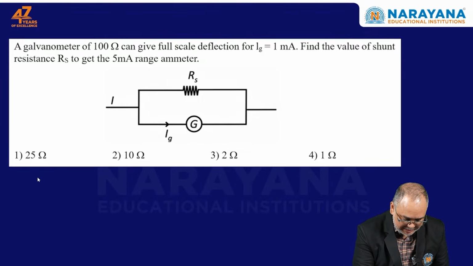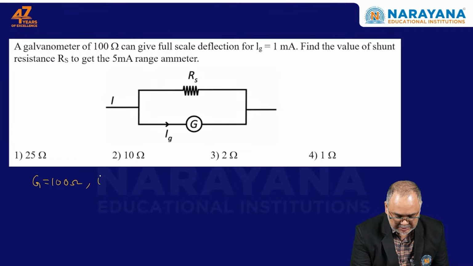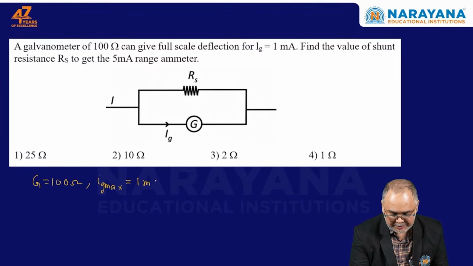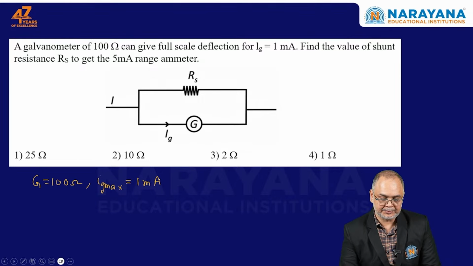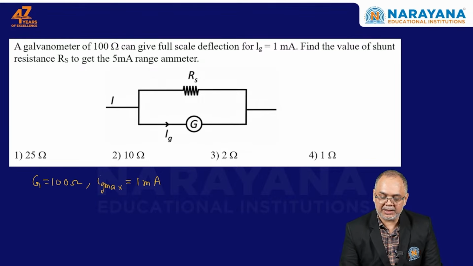So we can say the resistance of the galvanometer G is 100 ohms, and the maximum current which can flow through it, Ig max, is equal to 1 milliampere. We have to find the value of shunt resistance Rs to get a 5 milliampere range ammeter.